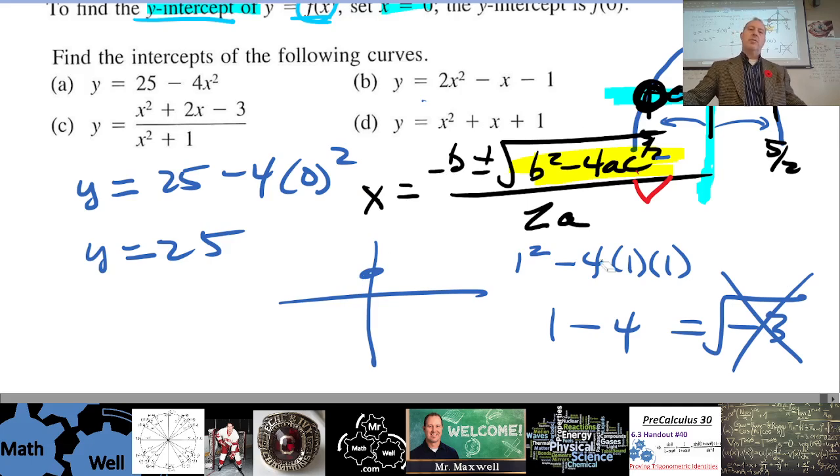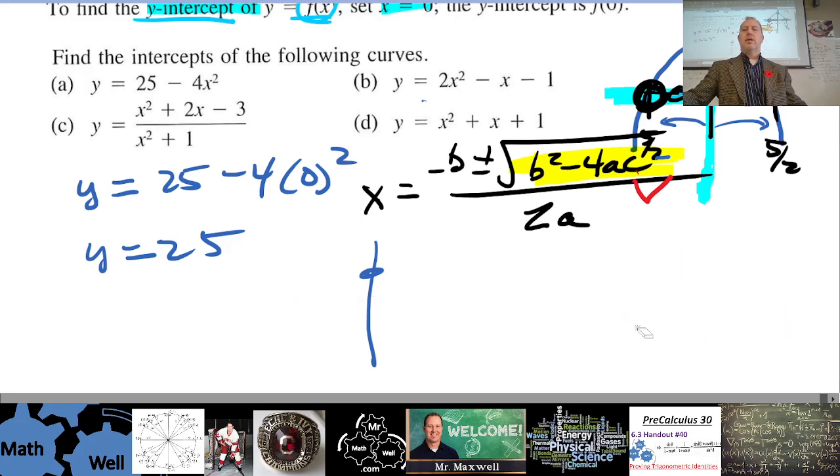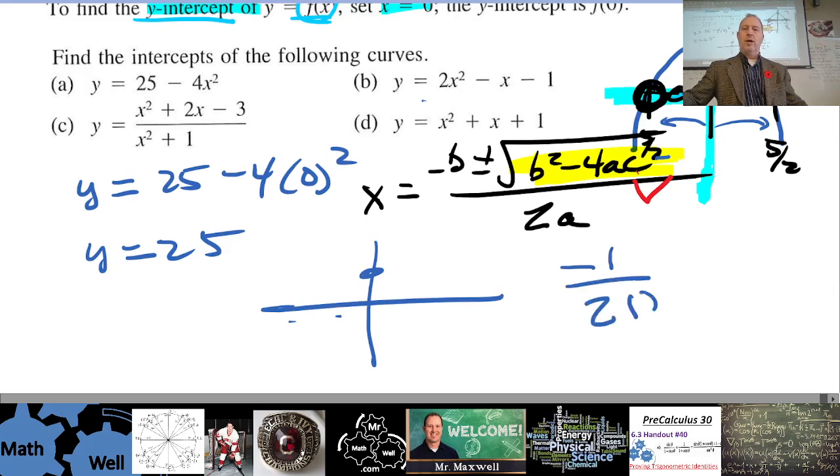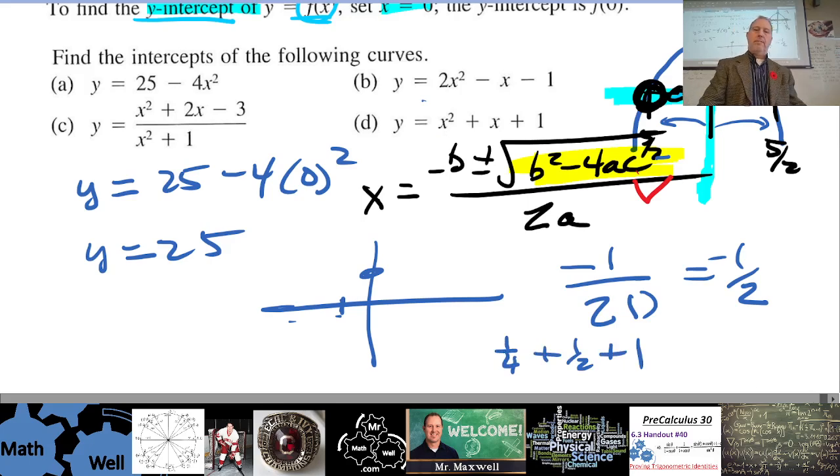What is the vertex? Do you remember how to find the vertex from a quadratic? Wow, you guys are remembering. Great. So negative 1 over 2 times 1 is negative 1/2. So negative 1/2, let's say, is right here. And so what happens when I put negative 1/2 in there? What do I get? 1/2 squared is 1/4 plus 1/2 plus 1. Wait, it's negative 1/2.